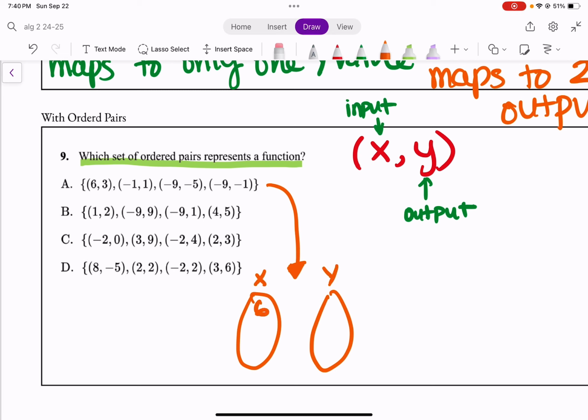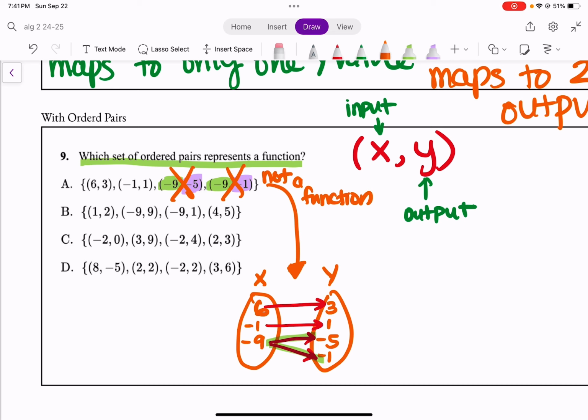So I have 6, 3, I have -1, 1, I have -9, -5, and then -9, -1, right? And if I write out the mappings, the 6 goes to 3, the negative 1 goes to 1. But if you notice, the negative 9 can either be negative 5 or it can be negative 1. So this right here is a problem. The fact that negative 9 has two different outputs, that is a problem. So this is not a function, right? Because negative 9 has two different outputs.